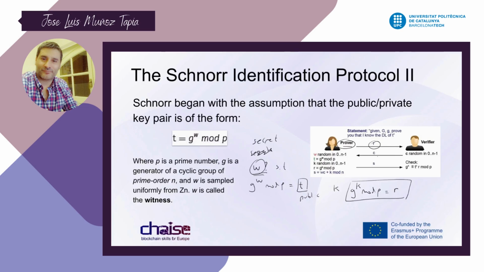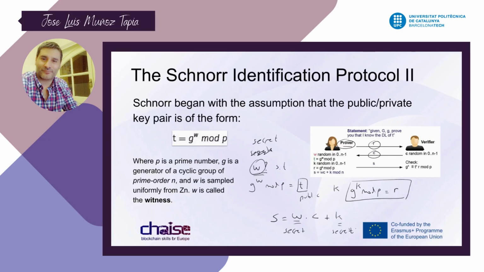The verifier generates a random number C and gives this C back to the prover, and then the prover sends this S value, which is the witness W, this is secret, times C, this is the one that the verifier provides to the prover, plus K, this is also secret, only known by the prover.